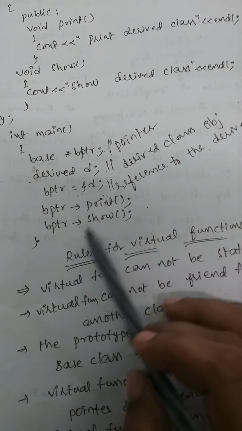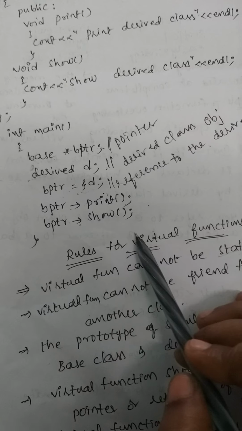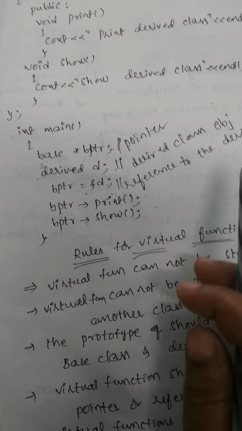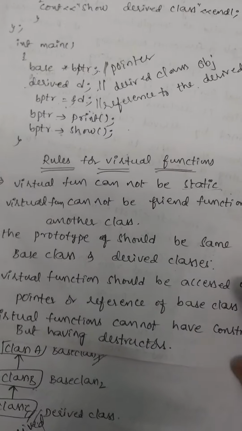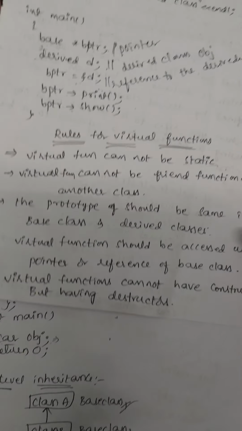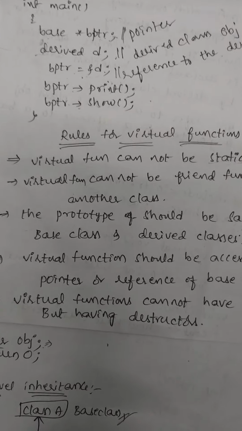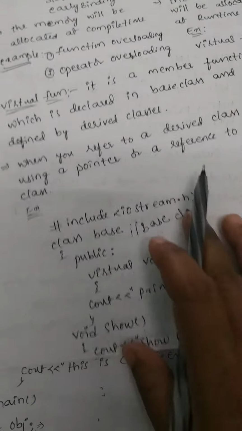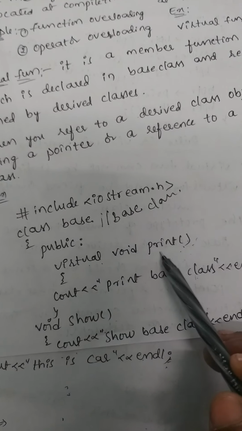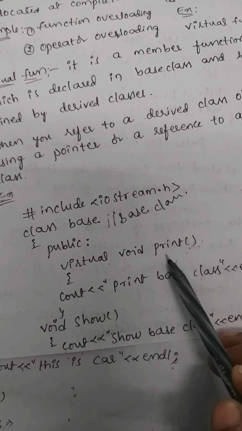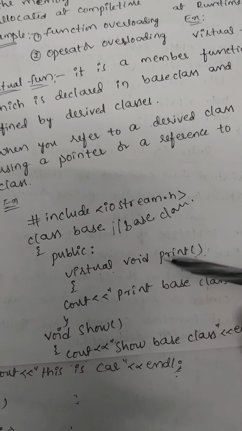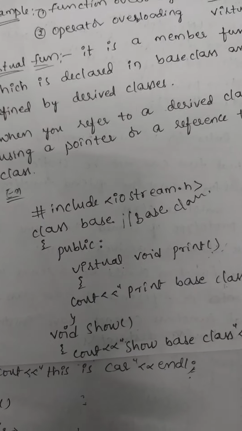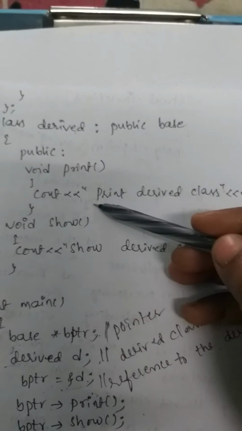With the base pointer, you access all the functions used in the base class as well as derived classes. And the last point: virtual functions cannot have constructors but can have destructors. When we use the virtual keyword before the function name, this function should be executed in the base class as well as overridden in derived classes.